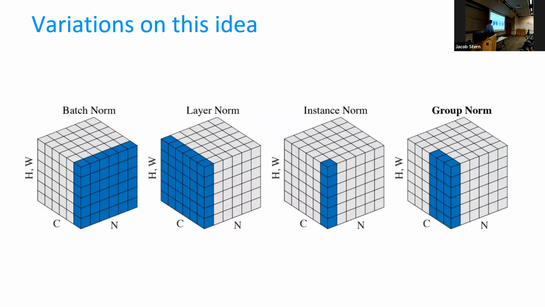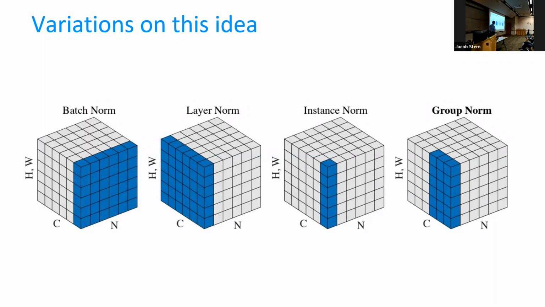So this is how it looks if we were to look at a tensor. This is a three-dimensional tensor. Here we have stretched the spatial dimensions into a single vector, which we are calling H and W. We have the channel dimension and then the batch dimension, the number of items per batch.